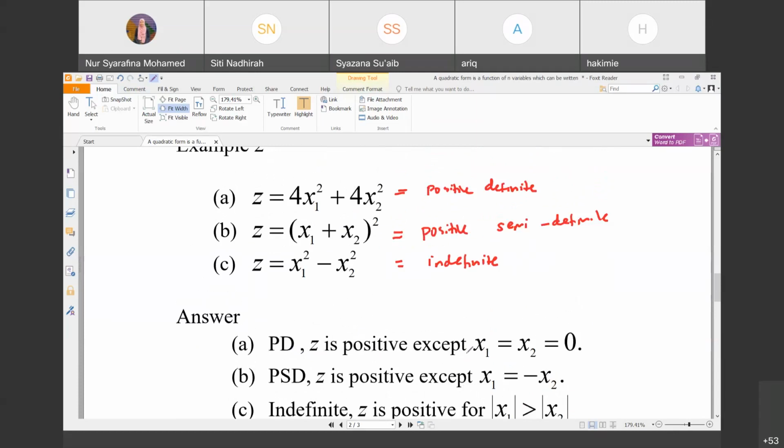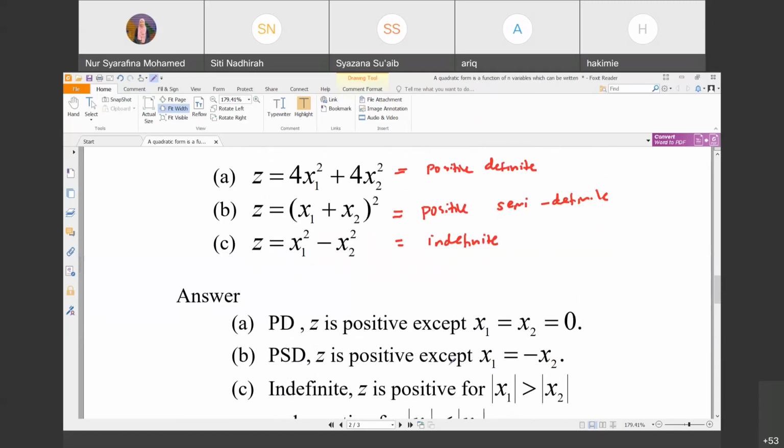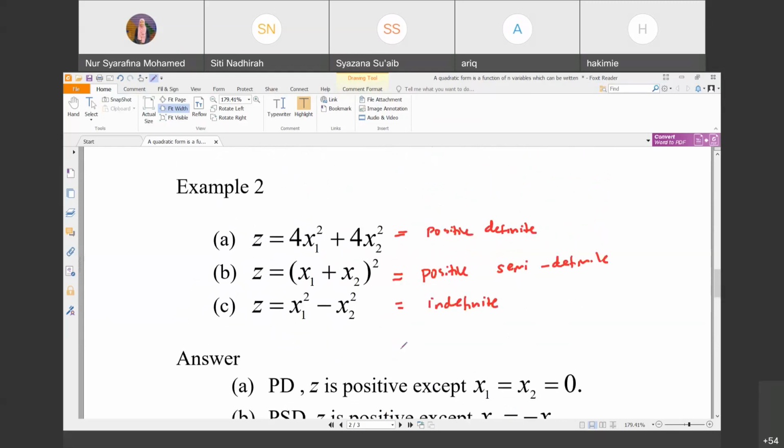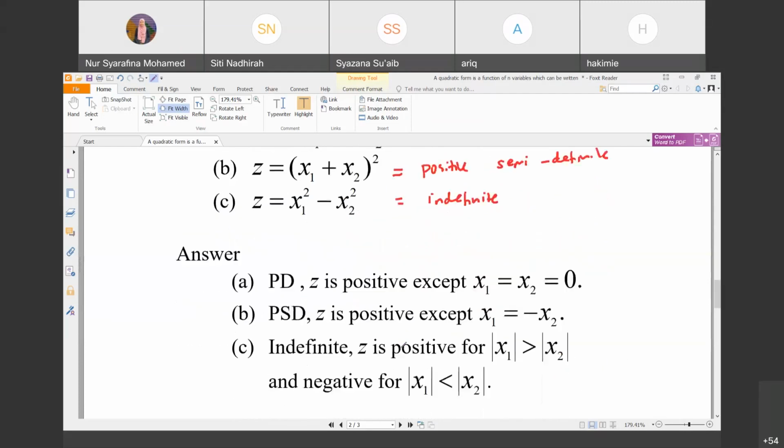Because z is positive except when x1, x2 equals 0. Okay, for the second one, it is semi because z is positive except when x1 equals negative x2. Okay, and the last one is indefinite because sometimes it is positive for x1 greater than x2 and negative for x1 less than x2. Okay, it depends on the values of x1 and x2 here in order to identify their positivity definiteness. Is it positive? Is it semi or indefinite?